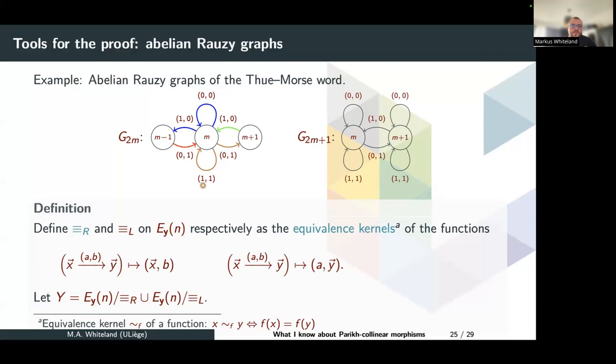This is a technical definition, but the first equivalence relation is that we're going to identify all the edges that have the same start vertex. So here, for the blue ones, they start from the center vertex labeled M. And the second component of the label has to be equal as well. So here, the second component for both these edges is 0. So we're going to identify these two edges.